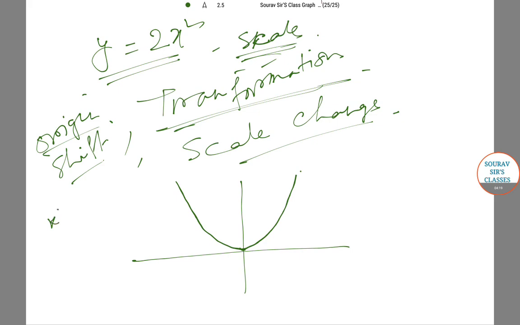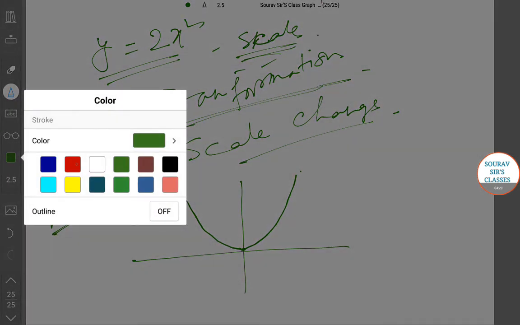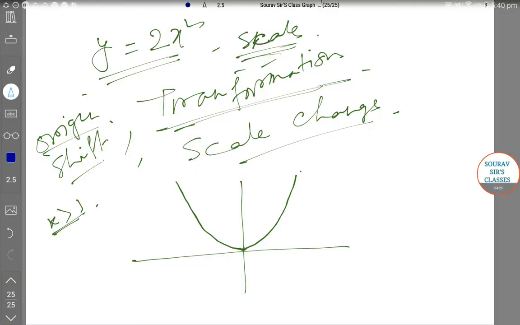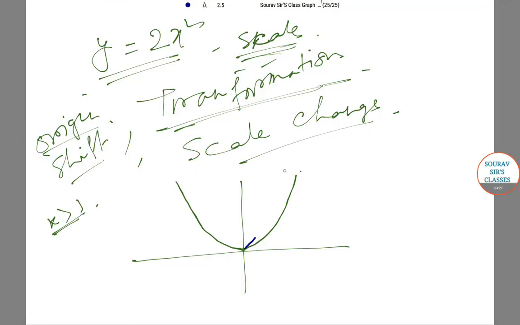If k is greater than 1, then the graph will be steeper. And if k is less than 1, then the graph will be flatter.